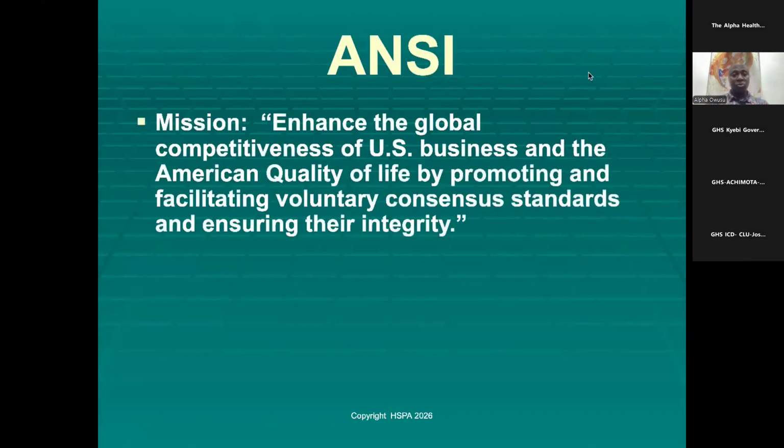Right. And so what do they do? They enhance the global competitiveness of US business and America's quality of life by promoting and facilitating voluntary consensus standards. Now, in Ghana, Madam Joyce, I know her to be one of them, with the technical group that they set, and I know Dr. Sewa is also one of them.